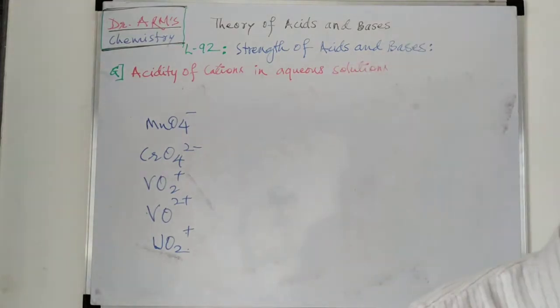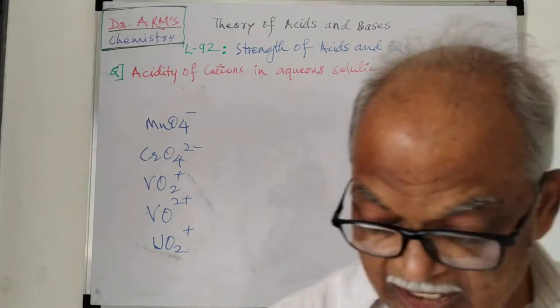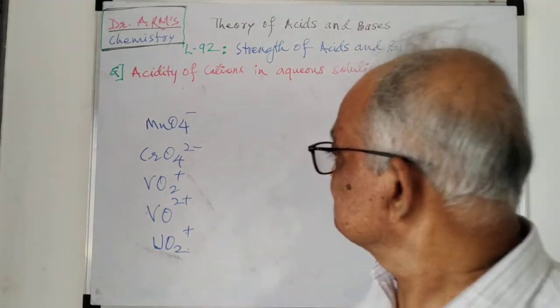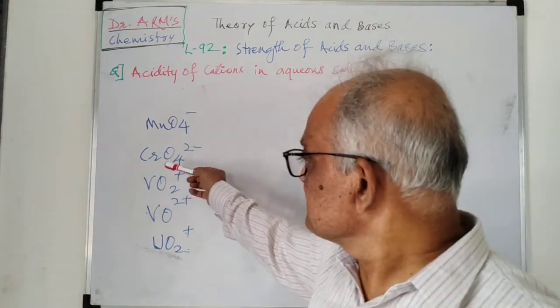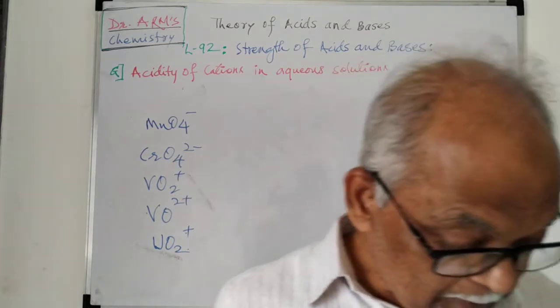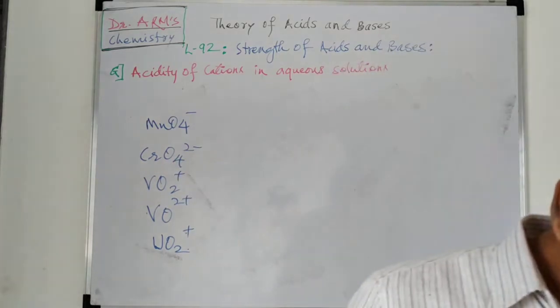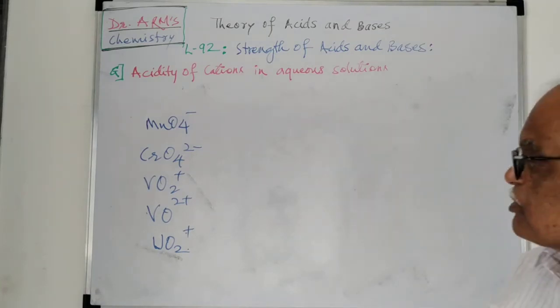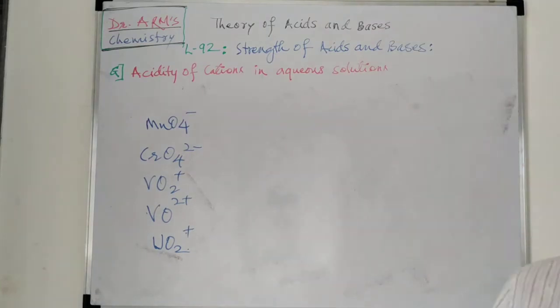So this is UO2 plus, uranium. Here they are showing the +7 oxidation state. Here we will find +6 oxidation states, and +5 oxidation states and +4 oxidation states are observed here.